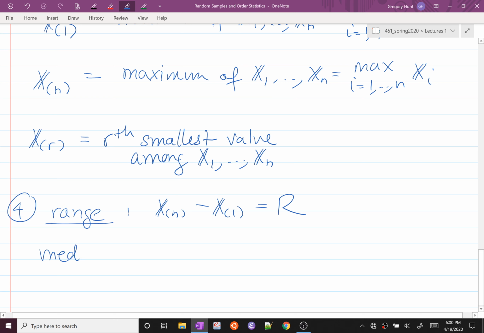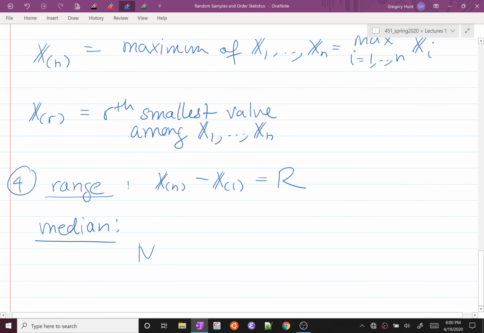Median, which is typically defined, let's say if m is our median, as x of (n plus 1) over 2.